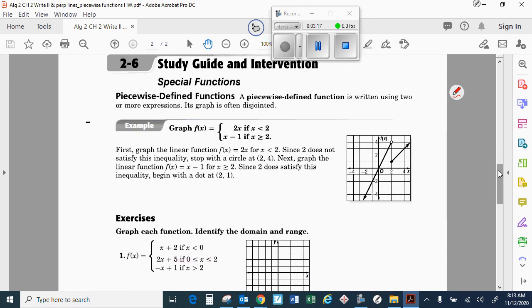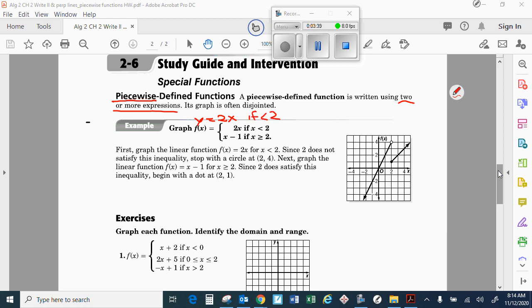Piecewise functions. Piecewise, you're graphing pieces. That's why it's called piecewise. 2 or more pieces. As you see here, 2 or more expressions that you're graphing. So this is graph f of x, or f of x is the same thing as y equals 2x when x is less than 2.